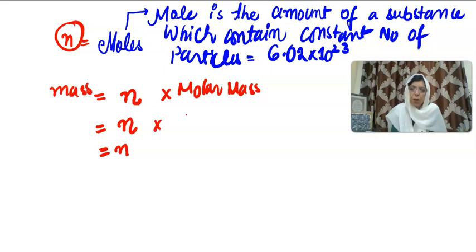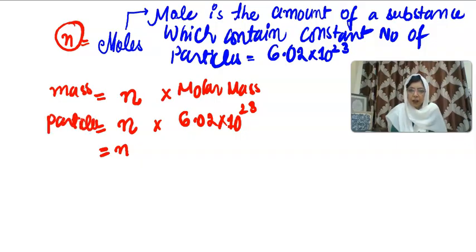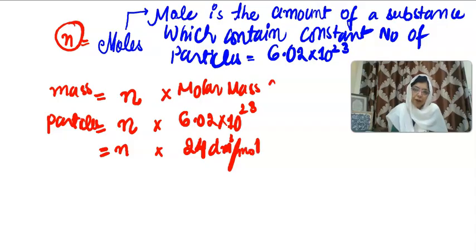If we know the particles present in 1 mole, we can calculate the particles. If we know the volume occupied by 1 mole of a gas, we would be able to calculate volume.